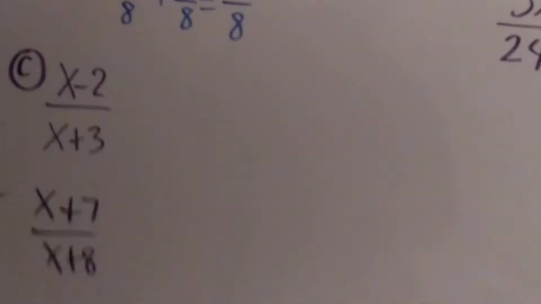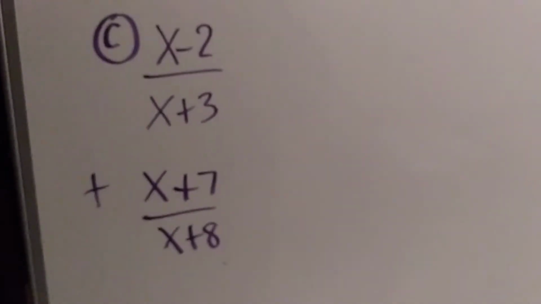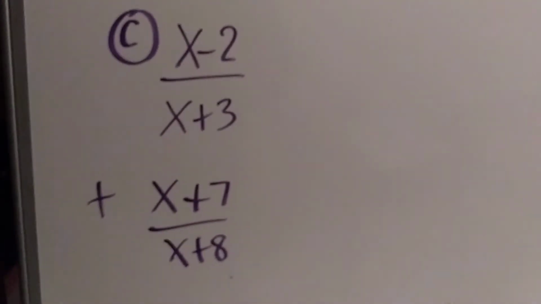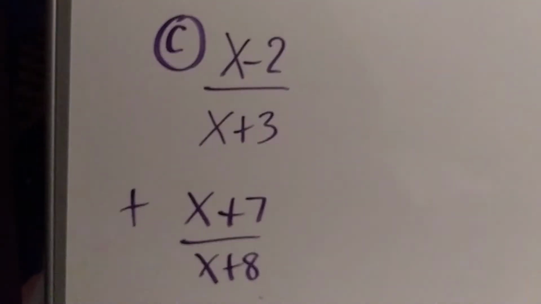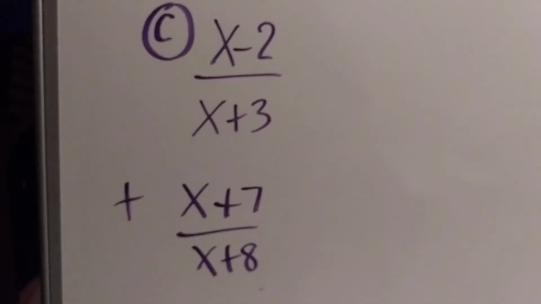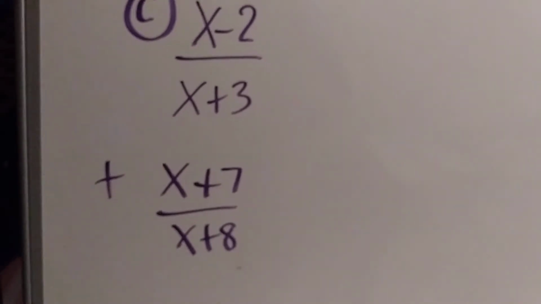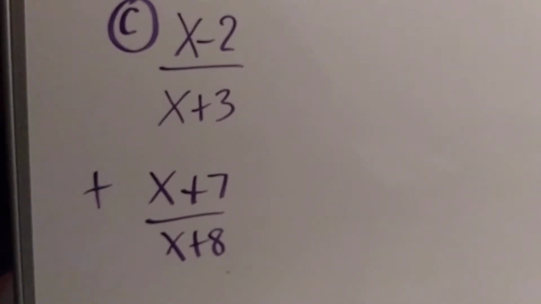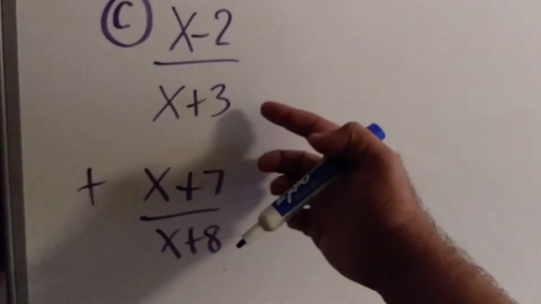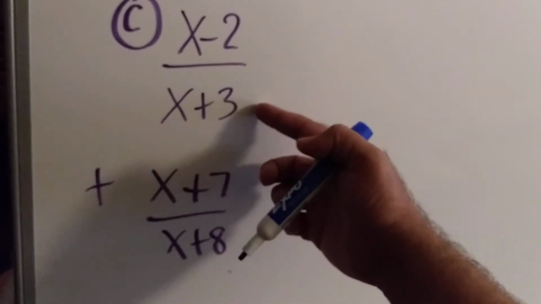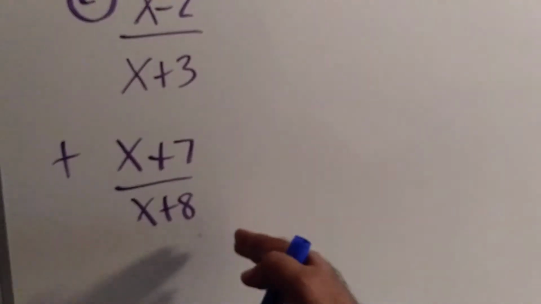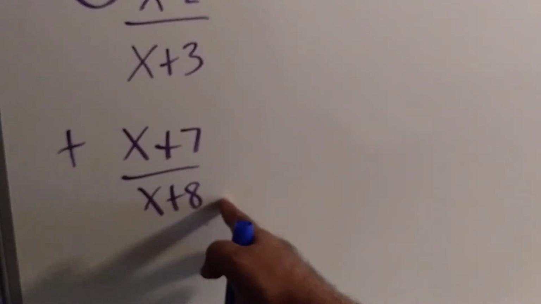Okay, now let's look over here at the third example that I have. In this example, I have the fraction x minus 2 over x plus 3, plus x plus 7 over x plus 8. So we need to look for what's missing as far as the denominator goes in the first fraction, so that it would have something in common with the denominator in the second.